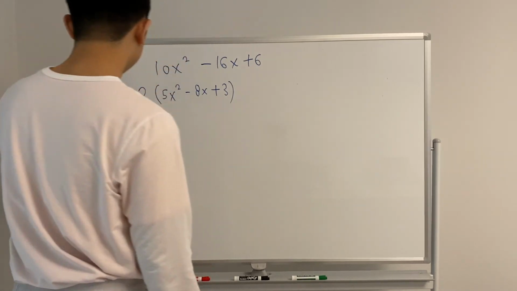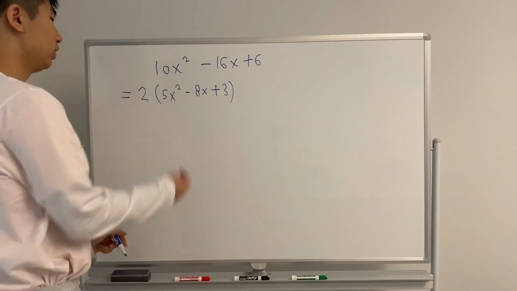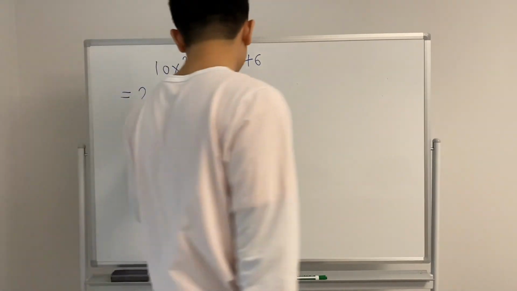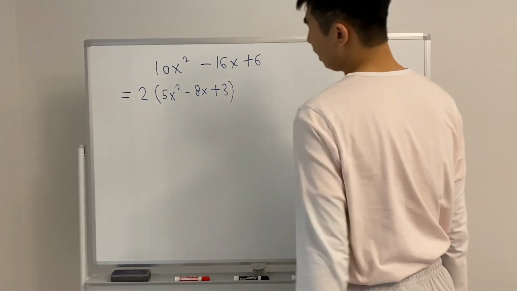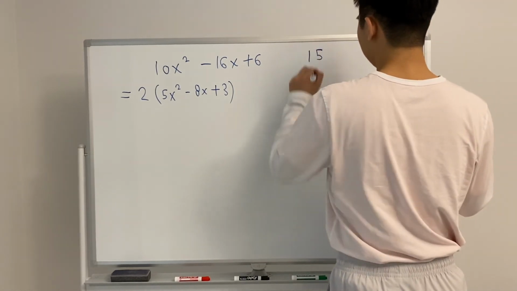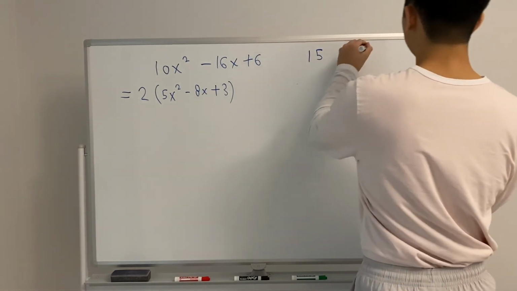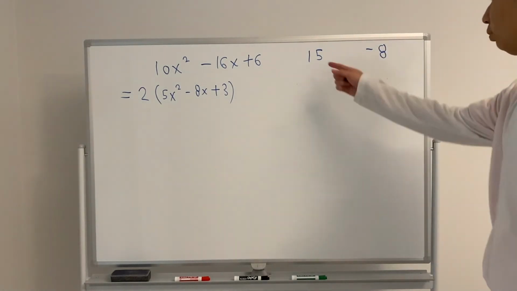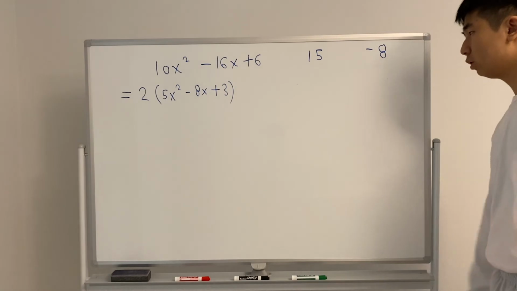Okay? And once we have this, we're doing the same thing as always. So we take the 5, multiply it by the 3, which is 15, and our b value is negative 8. All right, so which two numbers multiply to 15 and add to negative 8?